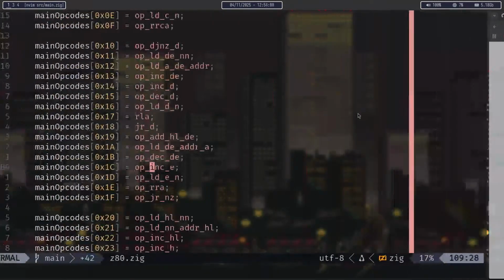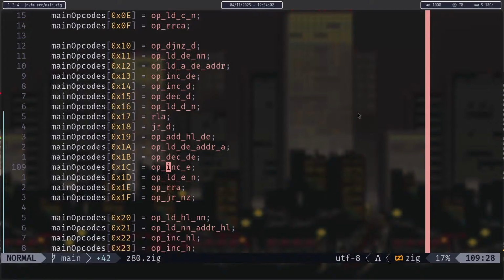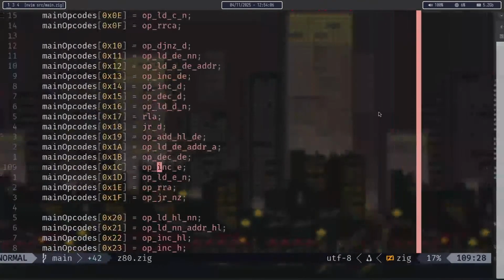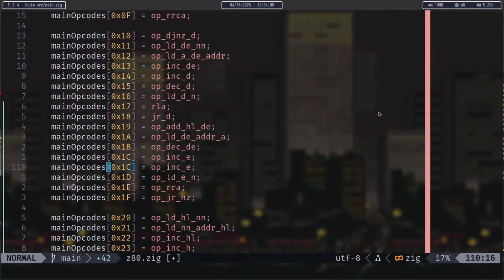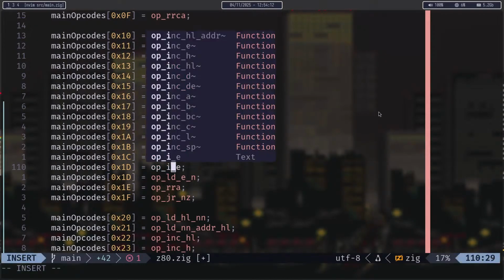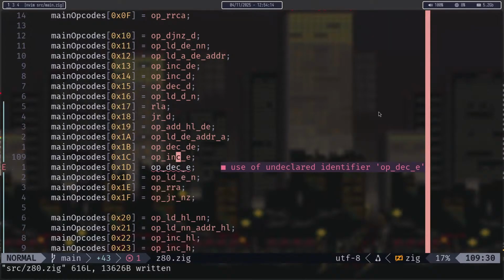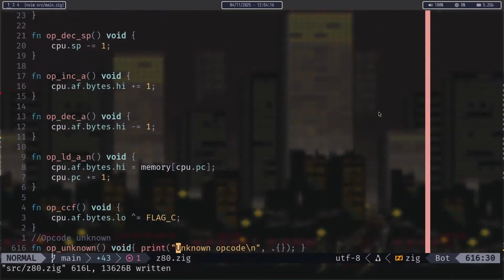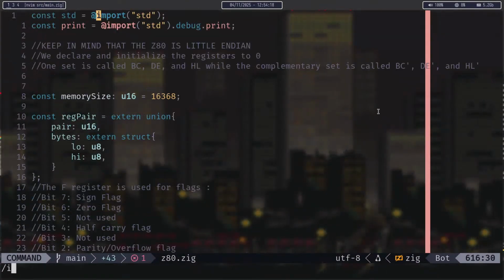Inc E. Oh, there it is. There's no dec E. God damn. So 1D is dec E, which I don't have. Great stuff. Inc E.